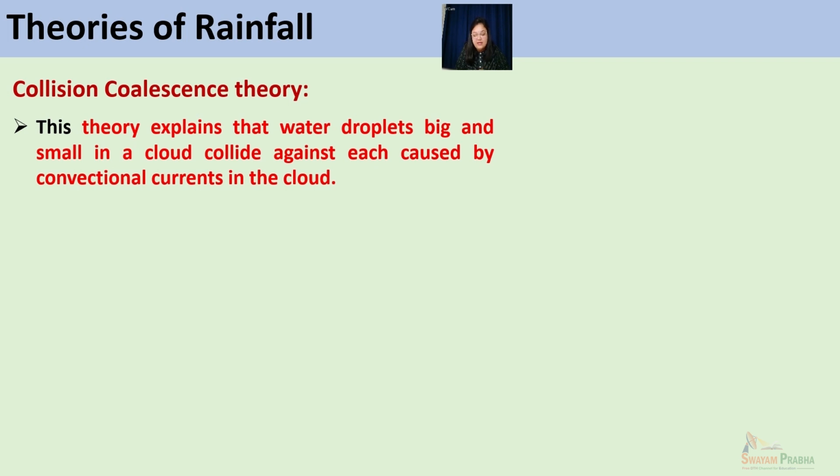So it is evident that ice crystals will definitely not form in these regions, and the growth of large raindrops in these warm clouds is mainly explained by the collision coalescence theory.